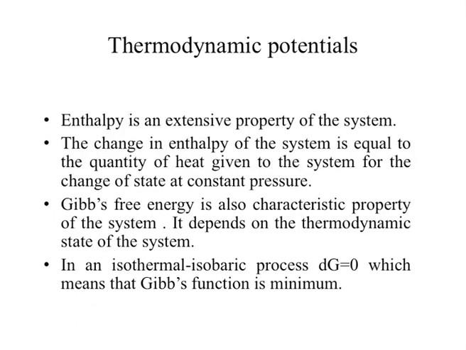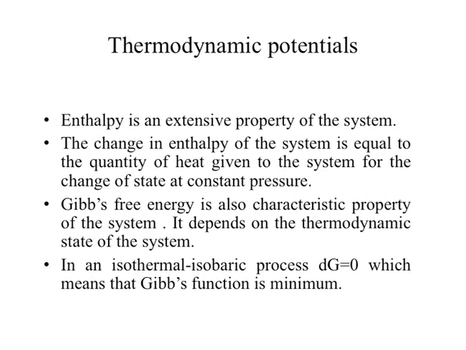Then if we go for enthalpy, enthalpy is an extensive property of the system. The change in enthalpy is equal to the quantity of heat given to the system for the change of state at constant pressure. Gibbs free energy G is also a characteristic property of the system.